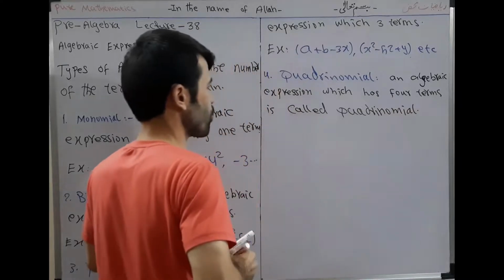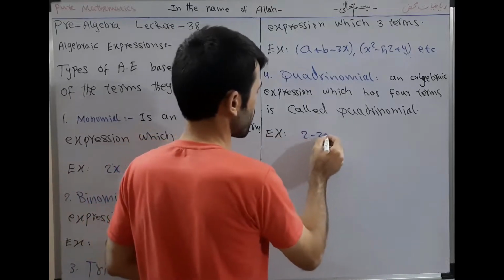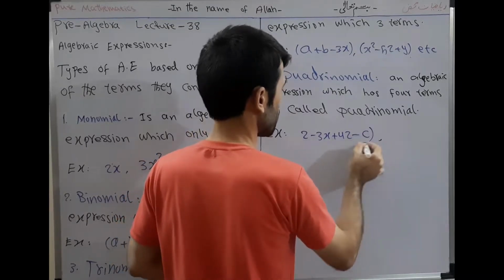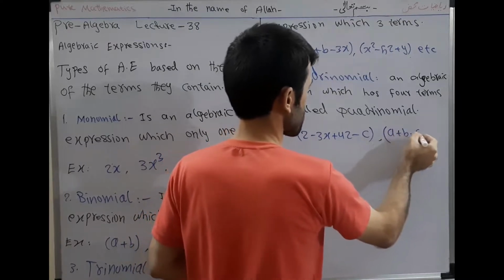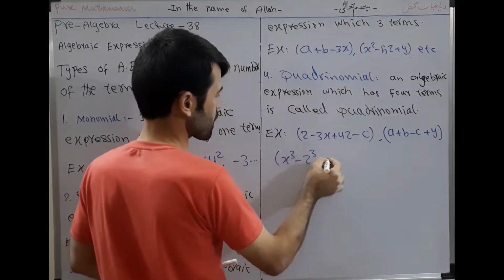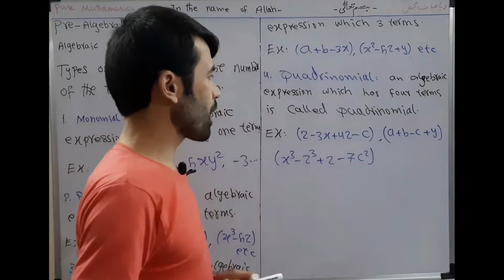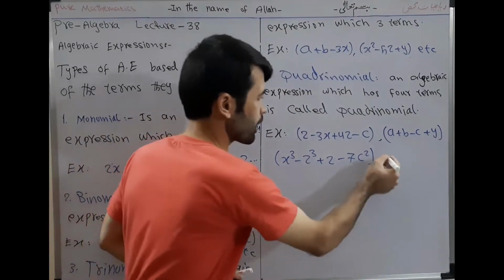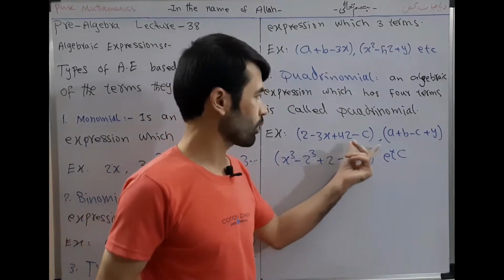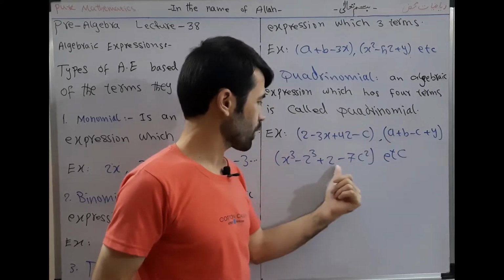It is the definition of quadrinomial. Example: 2 minus 3x plus 4z minus c, a plus b minus c plus y, x cube minus z cube plus 2 minus 7c square, etc. They are quadrinomials because they have four terms: 1, 2, 3, 4.